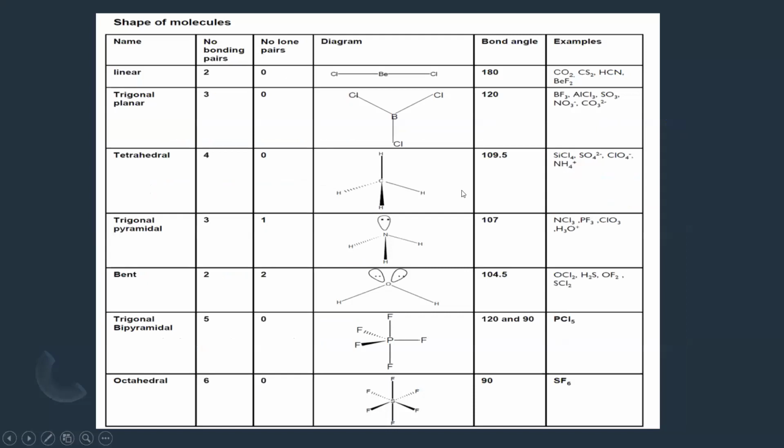Then, before the metallic, there's another type of bonding which we call dative bonding, or it is also known as coordinate covalent bond. What is the meaning of dative bond or coordinate covalent bond?